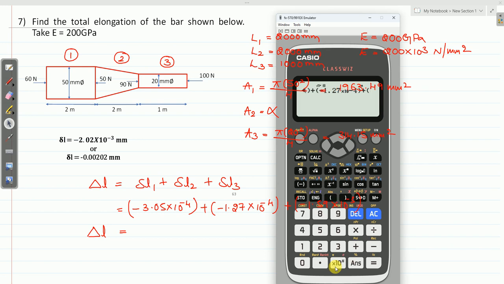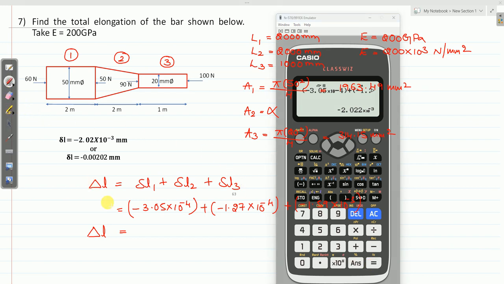Next minus 1.59 into 10 raised to minus 3. So this is your final answer.